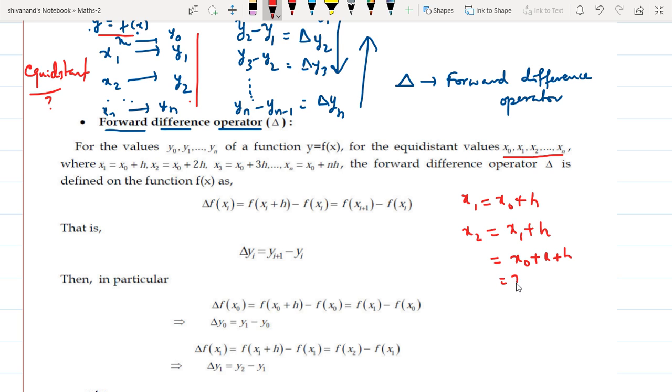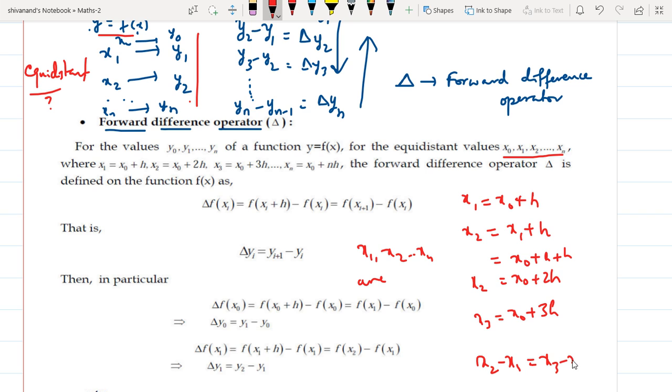What is x1? x1 is already x0 plus h, and plus h, so this is going to be x0 plus 2h. That is x2. So h is a step length, or you can say a difference, which is a constant difference. Now x3 is x0 plus 3h. So x1, x2, and so on, xn are equidistant.